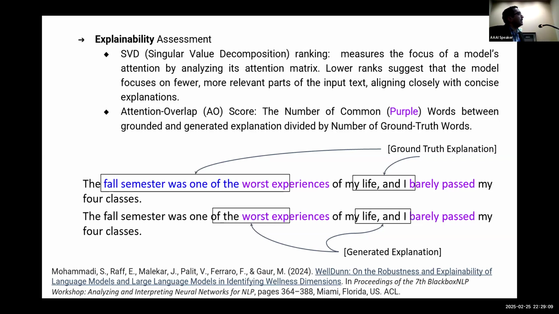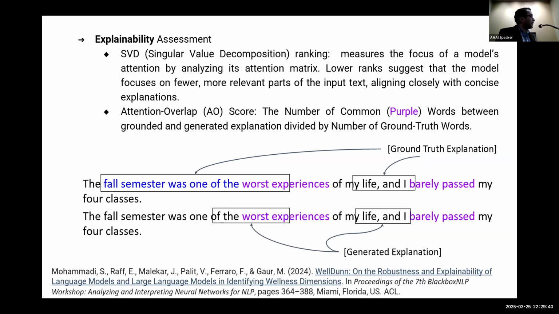For explainability assessment, we try SVD ranking and attention overlap score. For SVD ranking, we just focus on the attention metrics and we try SVD ranks. Lower ranks suggest that the model focuses on fewer parts of the sentence, which means it's like whatever humans are doing.